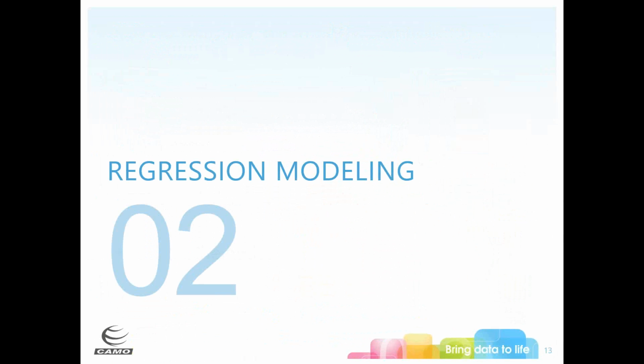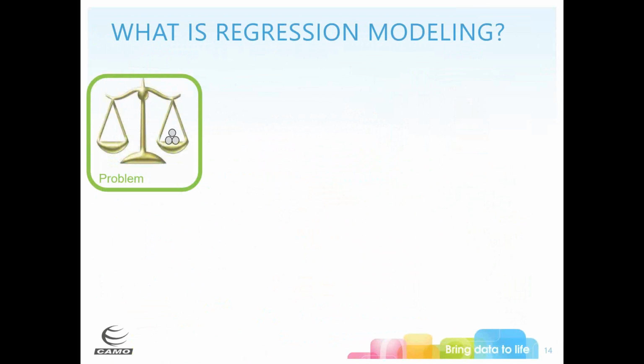So let's talk a little bit about regression modeling, and we're just going to do a little refresher on what regression modeling is. If you have a problem with no direct way of measuring it, in this case, we've got these 3 balls. We don't know how much they weigh. We are really concerned about the weight of these balls, and we don't have a scale to put them on. So we think back to some of our first principles. How else could we figure out what these balls weigh?